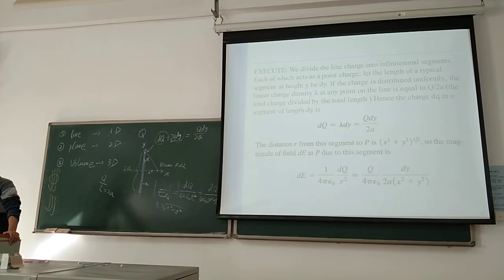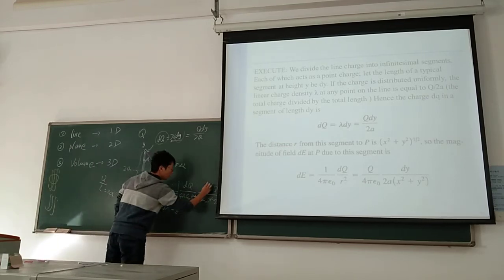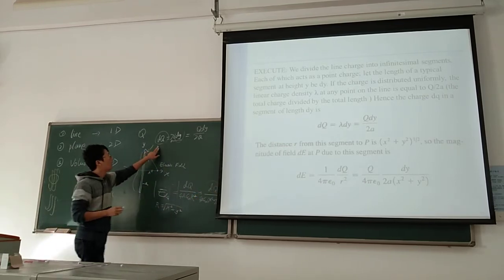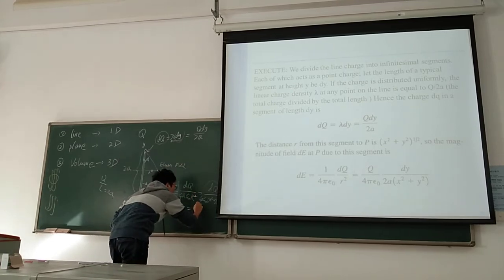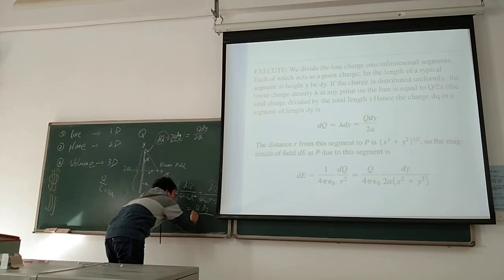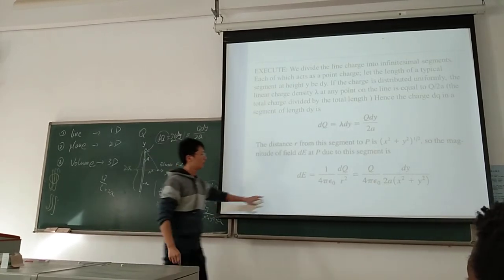Then take the dq represented by Q divided by 2a, and the final result equals Q dy over 4 pi epsilon 0 (x squared plus y squared) times 2a, like here.